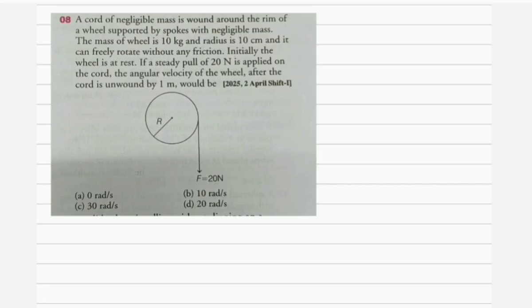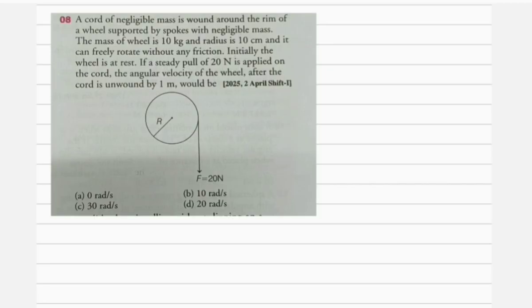If a steady pull of 20 Newton is applied on the cord, the angular velocity of the wheel after the cord is unwound by 1 meter would be: option A 0 radian per second, option B 10 radian per second, option C 30 radian per second, option D 20 radian per second. This MCQ came in 2nd April shift 1 2025 examination.